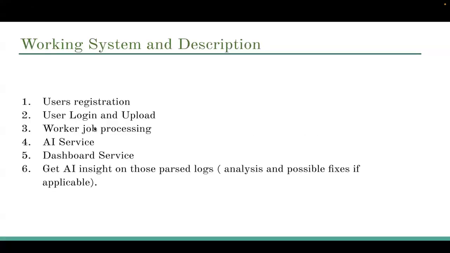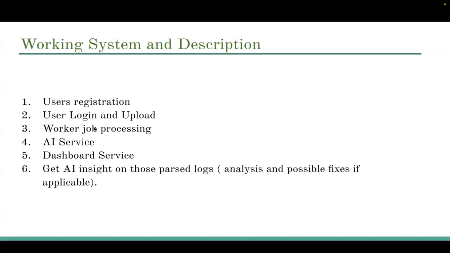So after looking at some of the software components and hardware components that we are working with, let us look at how they interact with each other. These are all the services that are running. Firstly, there is user registration, user login and upload. There is a worker that processes all the jobs that are enqueued into the Redis queue.